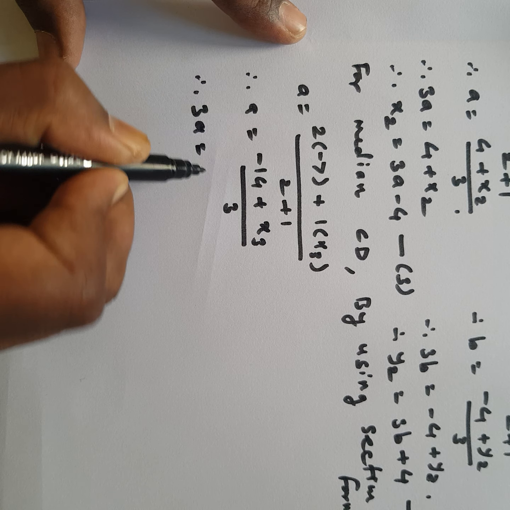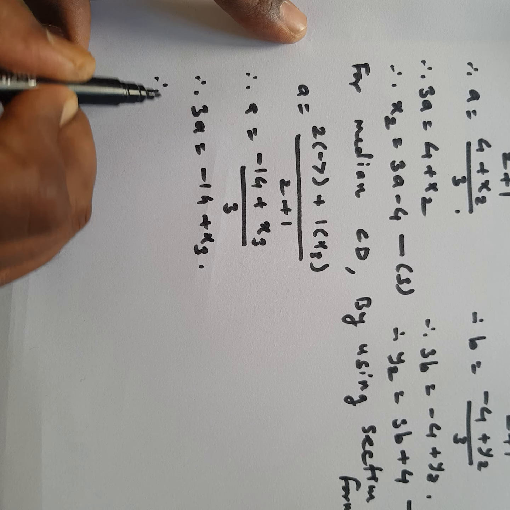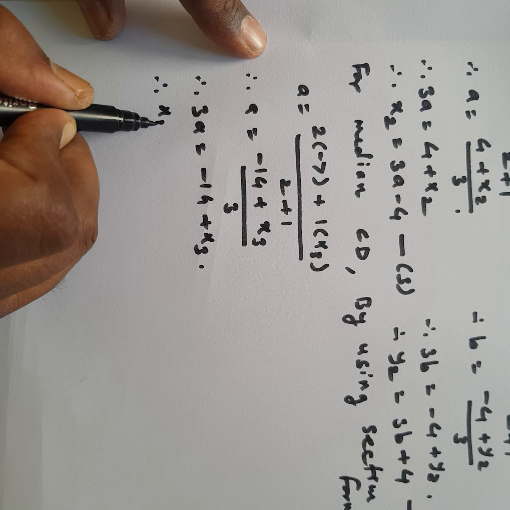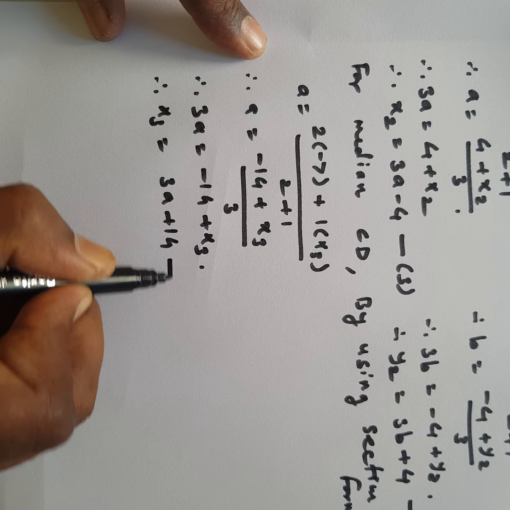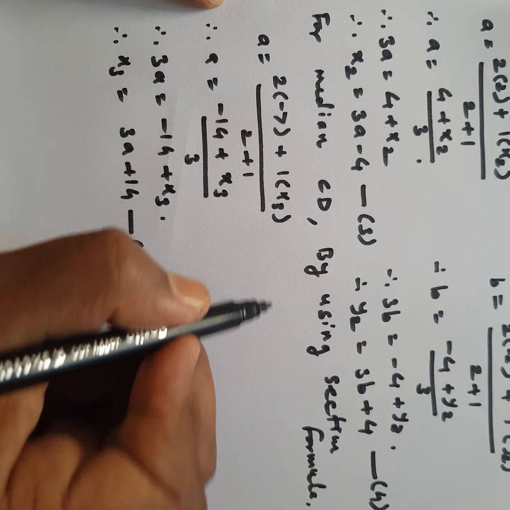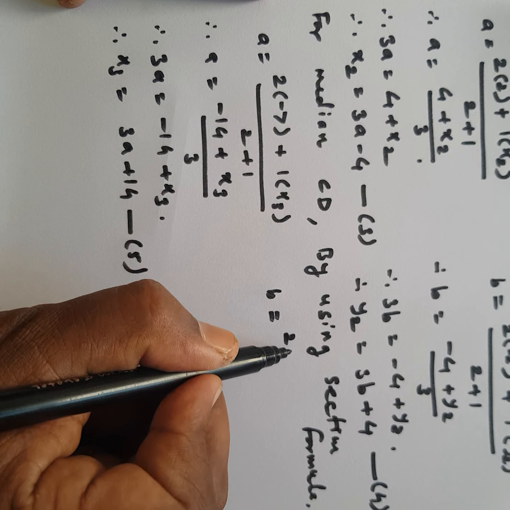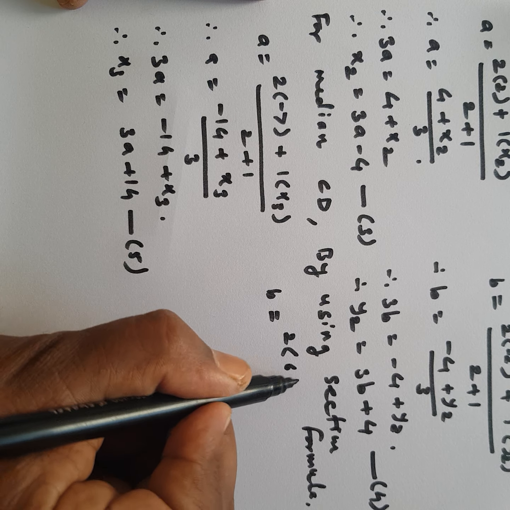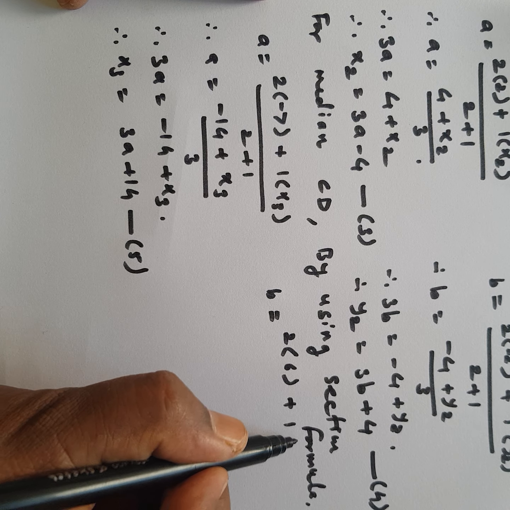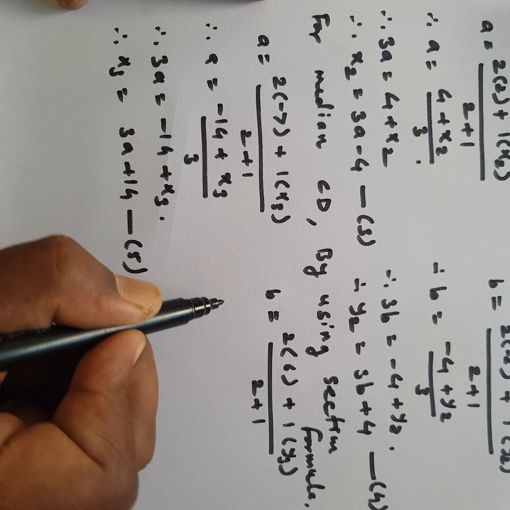Therefore 3a is equal to -14 plus x3. Therefore x3 is equal to 3a plus 14. b is equal to (2 into 6 plus 1 into y3) upon (2 plus 1).